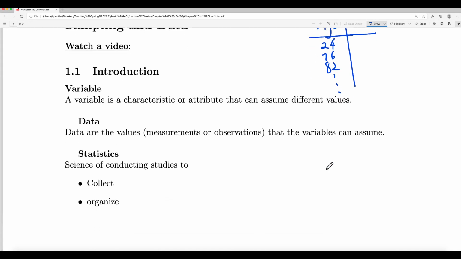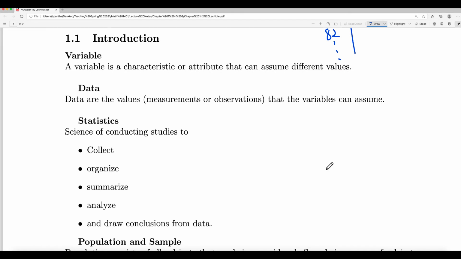Next thing is statistics. So statistics is the science of conducting studies to collect data. What the statistician does is collect the data and organize the data, meaning you write the data in increasing order or decreasing order or write it in a table and so on. And you summarize the data.